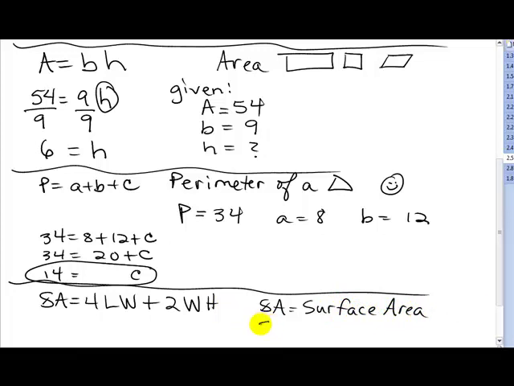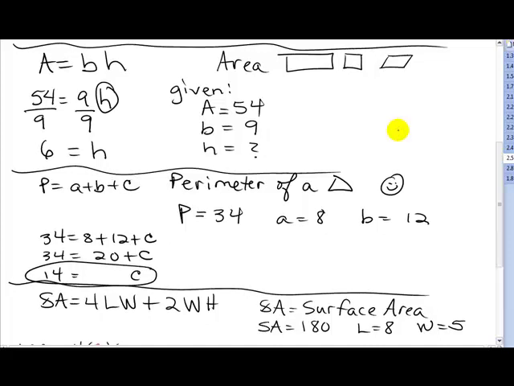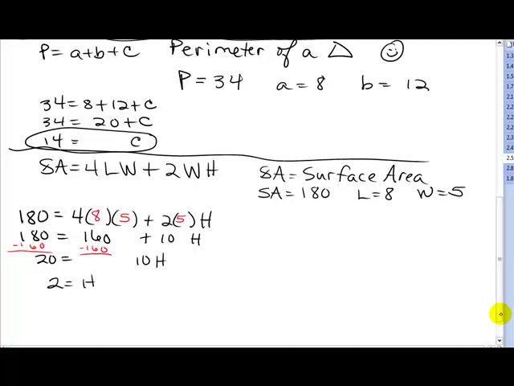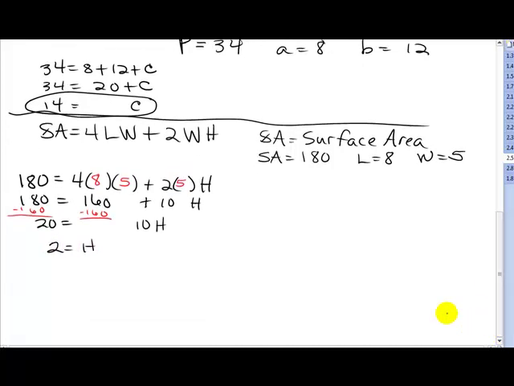And so I'm going to give you the numbers for this, and I want you to plug them in and work it out, and then come back and compare your work to mine. Okay, let's let you check your work. All right. Surface area, the height would be 2, or whatever kind of little box this was.